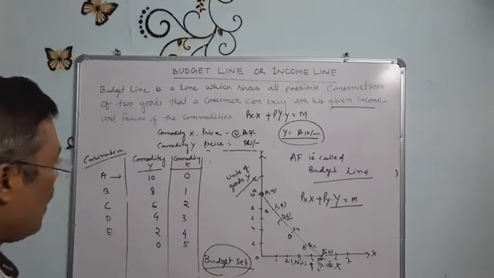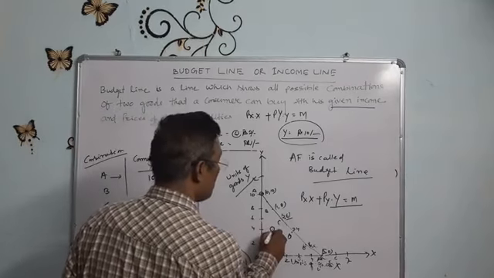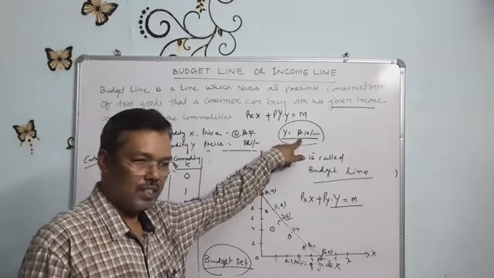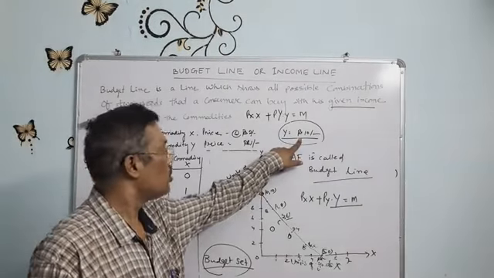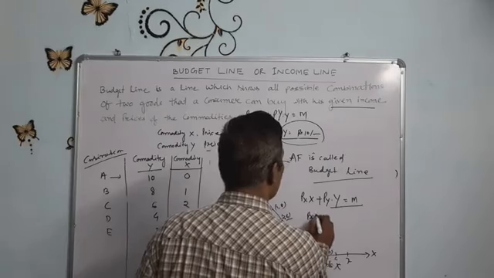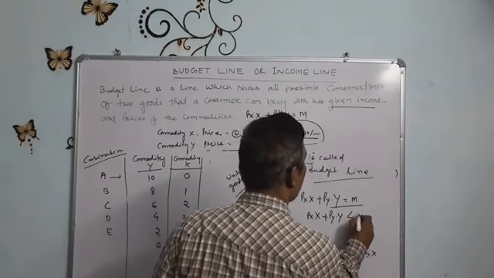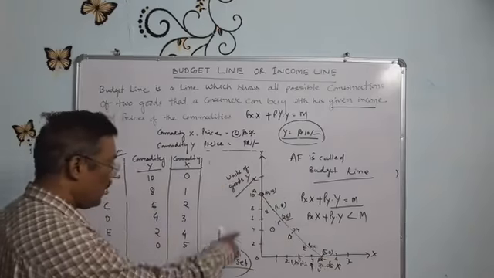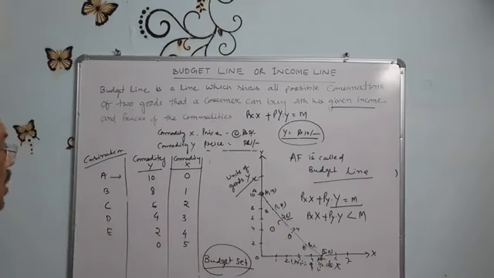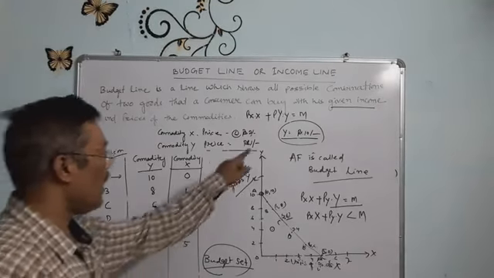Or if the consumer chooses a point below the budget line, at that time the consumer is not spending the total income of rupees 10, but less than rupees 10. So Px into X plus Py into Y is less than M. Any possible combination below this budget line will cost less than rupees 10.